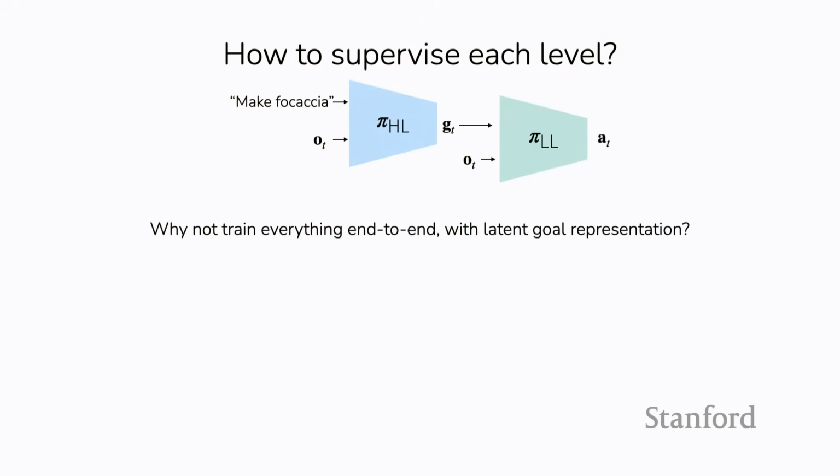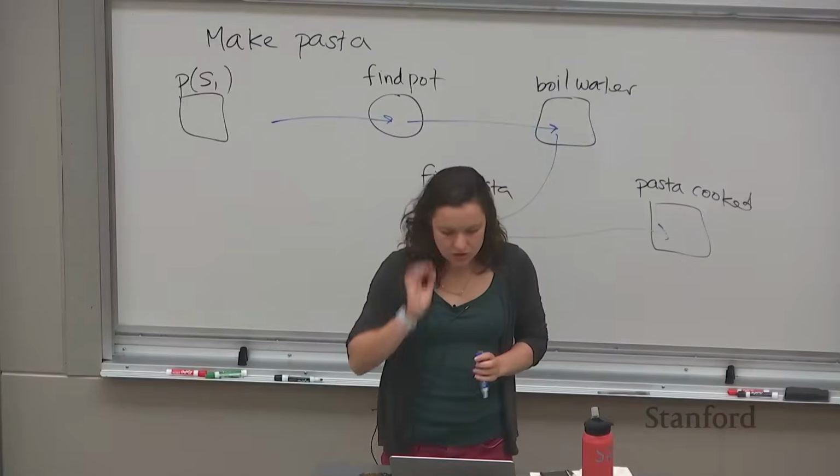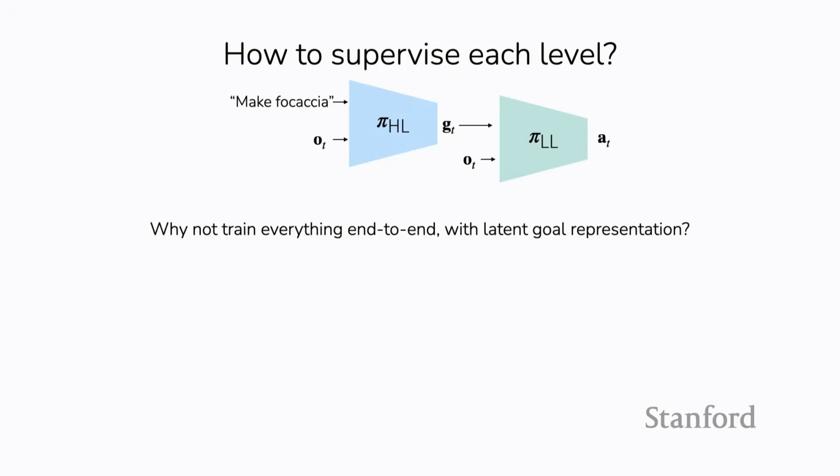Now, one thing that we talked about a little bit before, so this is actually deviating from this example a little bit, we'll come back to it, is we could also just train the high-level policy and the low-level policy end-to-end without any intermediate goal representation. And so we would have some sort of latent goal representation that's just the activations of the neural network. And we could train all of these just for the high-level task and the rewards of completing the task.